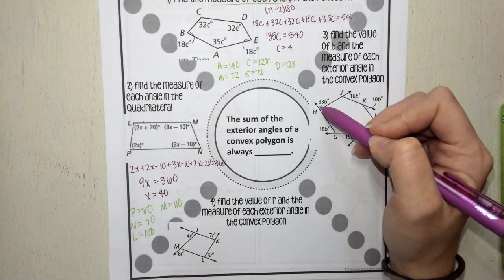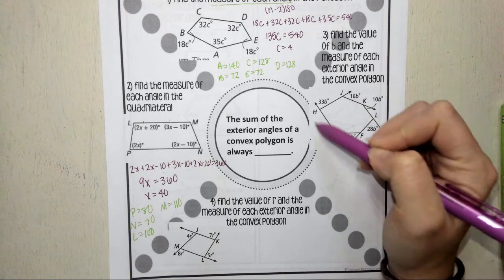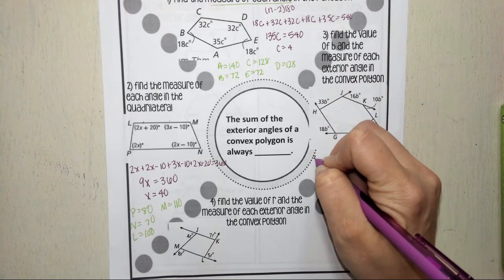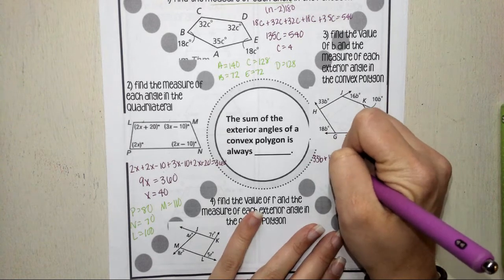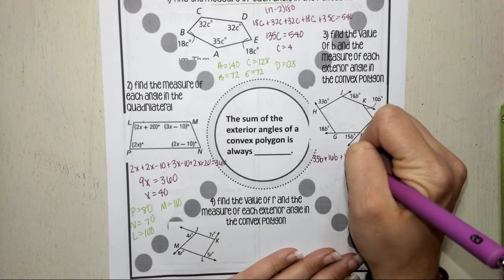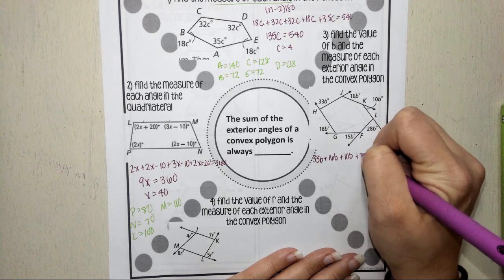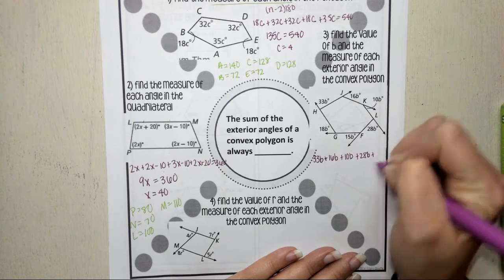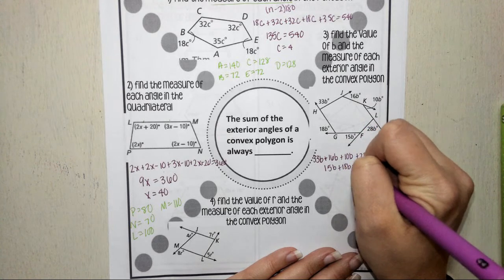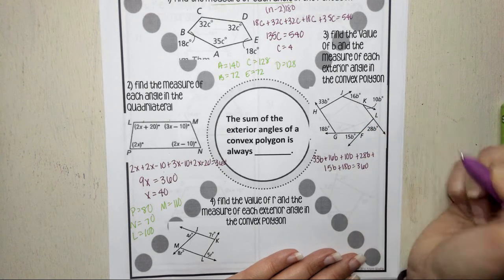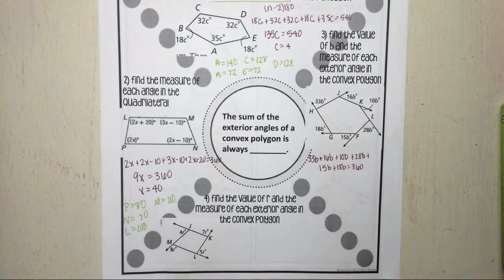So I'm going to start at H so that I know where my starting point is, and I'm going to go clockwise. I'm going to do 33b plus 16b plus 10b plus 28b plus 15b plus 18b equals 360. Now add all those coefficients up.